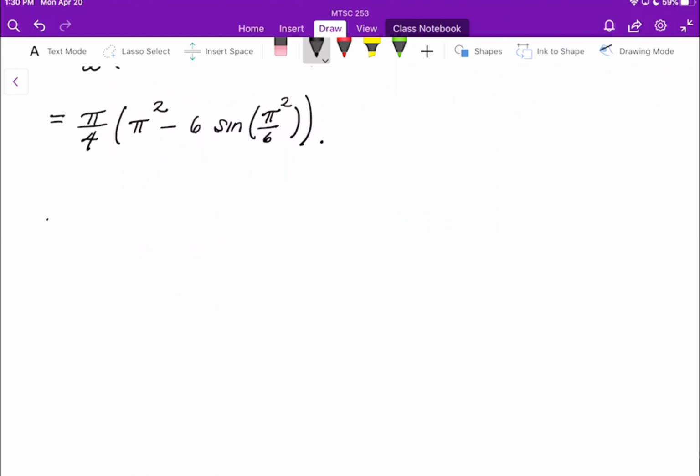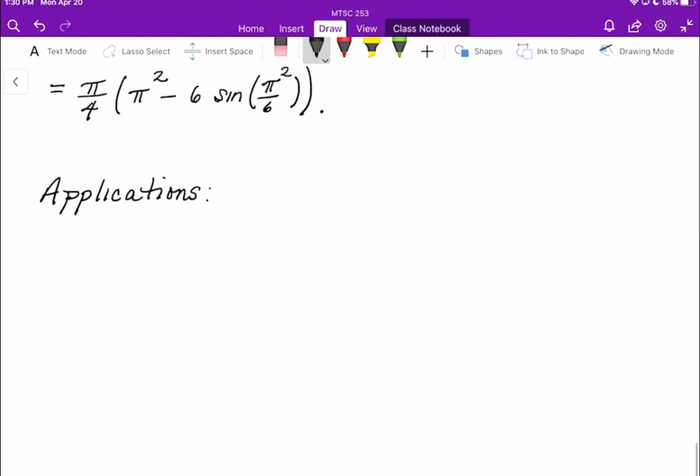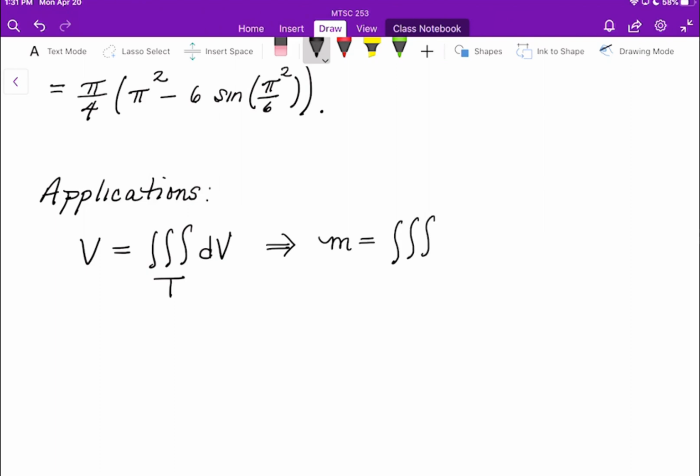All right, so let's do some applications. If you know the volume is the triple integral over T dV, then that means mass is going to be the triple integral over T of density times that.